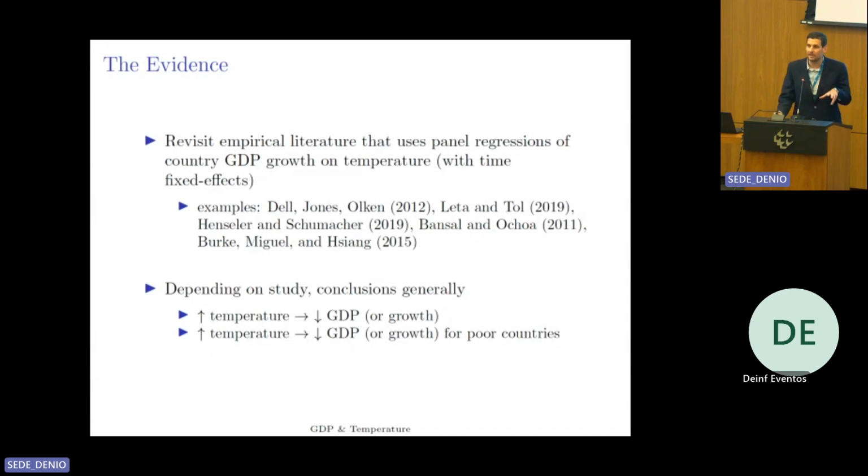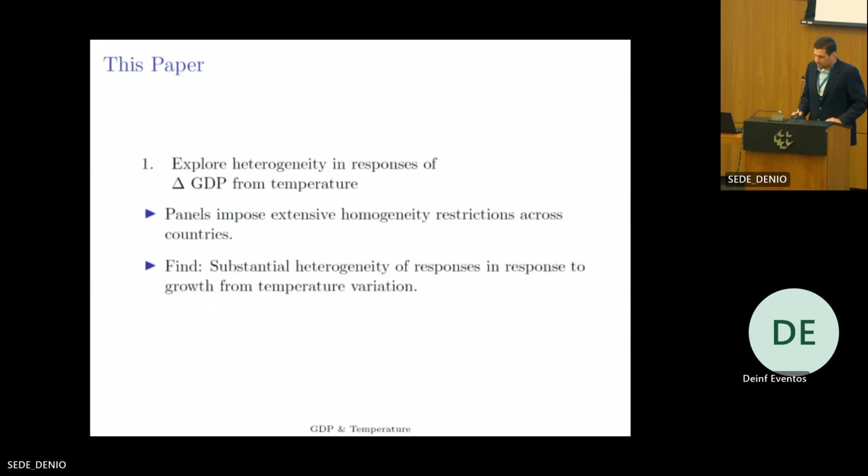If you could broadly summarize the literature, you'd see that on average, an increase in temperature leads to a decrease in GDP or growth, however you want to think about it. And if not exactly that, at least for the poorer countries, it seems to pop out that there is a decrease in GDP or growth for poorer countries.